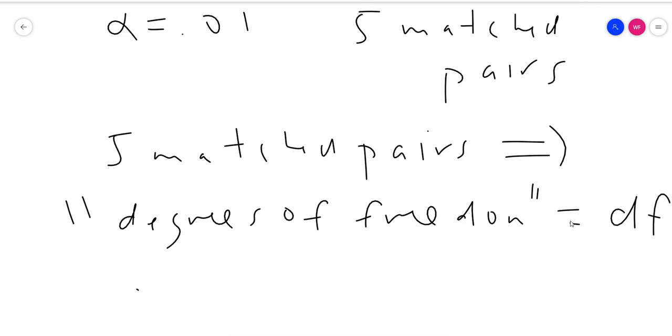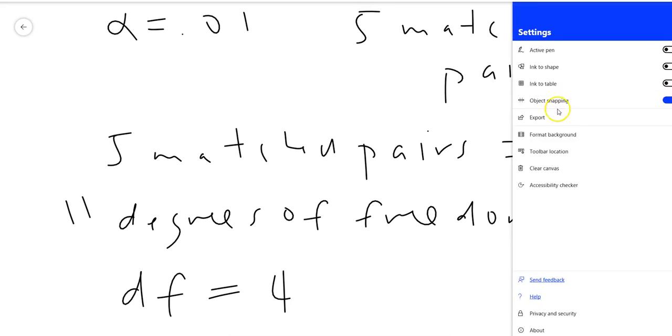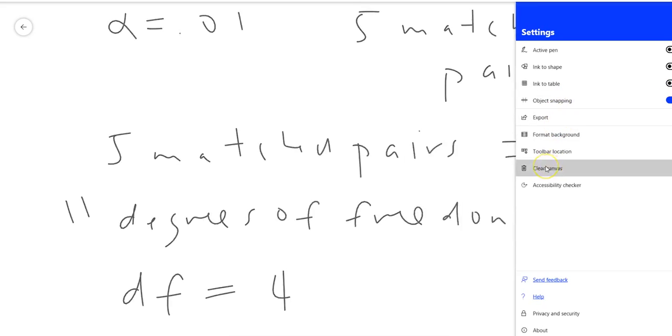So in this example, the degrees of freedom would be equal to 4. So on the calculator, we can find the critical values by using the function called inv-t. Now let me go to the calculator. Well, let me just write one more thing here.